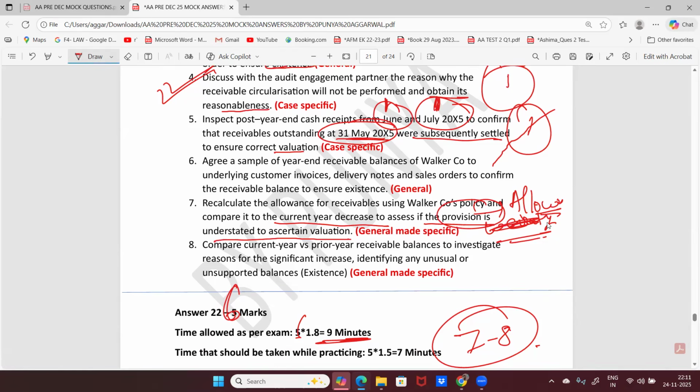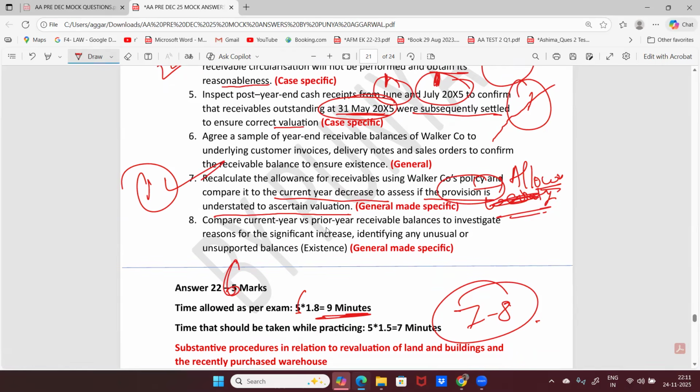So I'm going to recalculate all of the allowances that they have calculated, which is the decrease from the previous year. And then I'm going to see if it is understated by any chance and check if the valuation is correct or not. So this was general when you compare 2 years, but I've made it case specific using the terminology from the question itself. So this is also going to fetch me 1 mark.